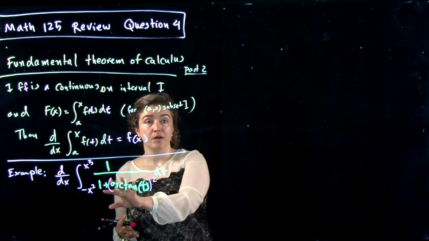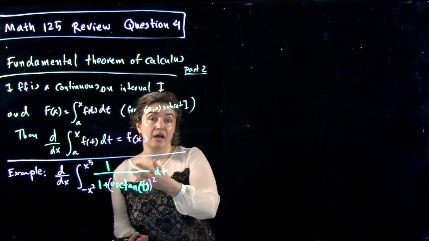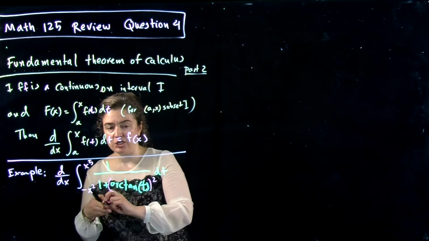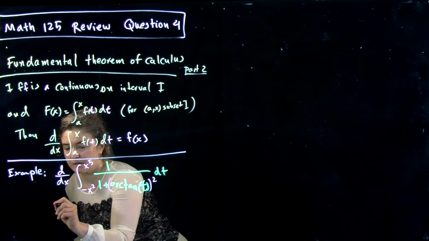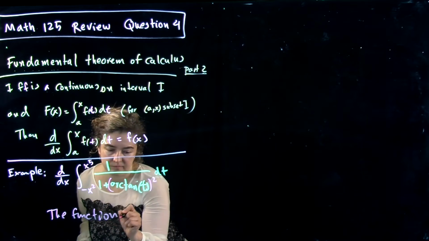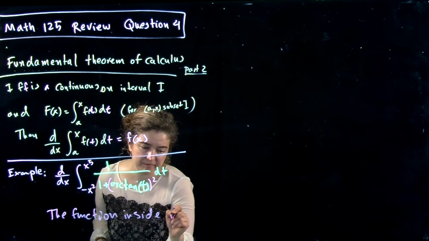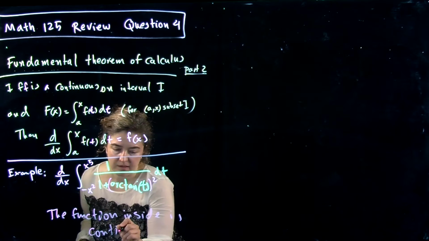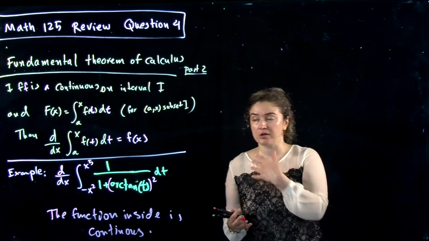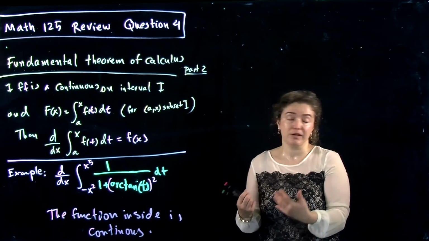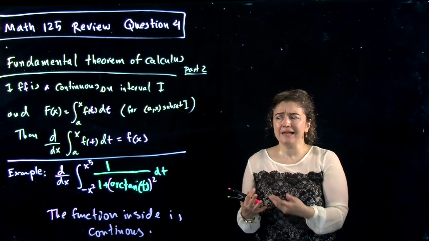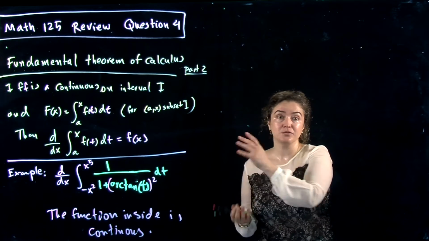The denominator is always positive, therefore the entire function is always continuous. So continuity checked. The function inside is continuous. I didn't even change the limits, so this should be very similar to the problem I just did before, except that instead of plugging values into f, I'm plugging values into arctan.